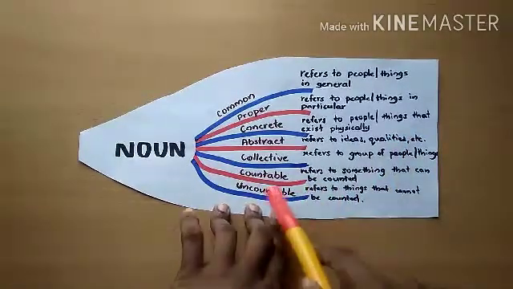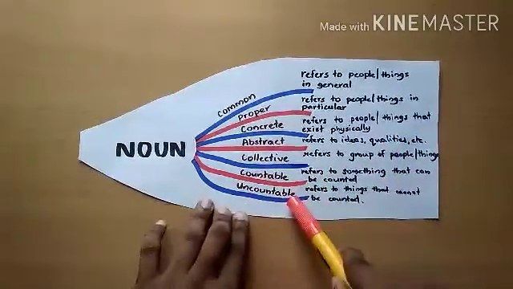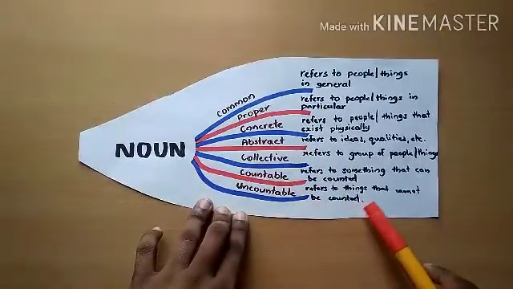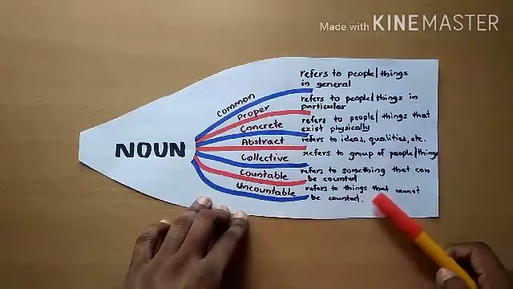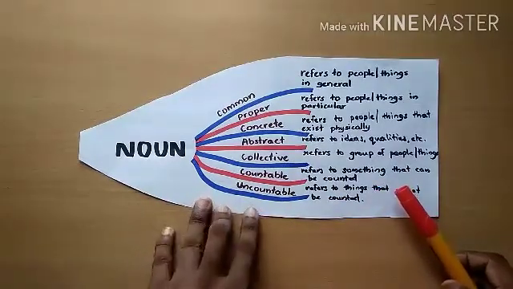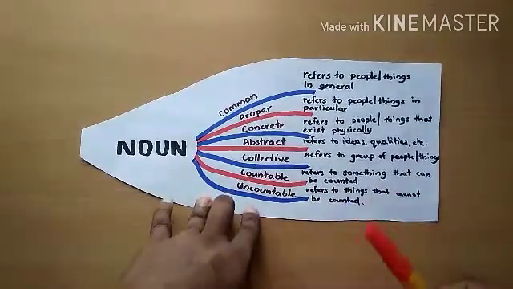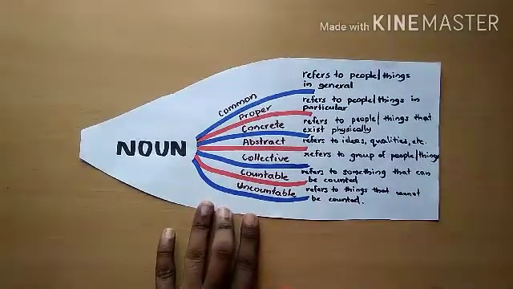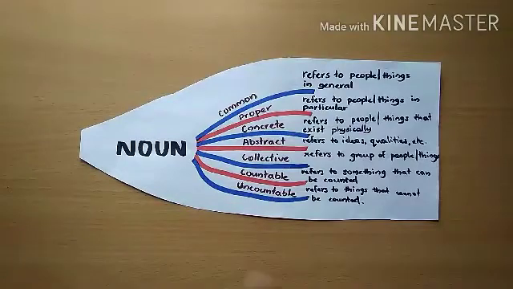Or then uncountable noun. Uncountable noun is just the opposite of countable noun. It refers to things that cannot be counted. Okay, take the example of water. Can we count water? No. Or you take sugar, or salt. Will we be able to count them?